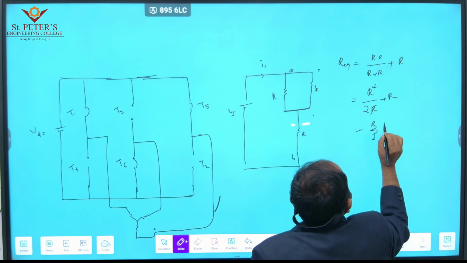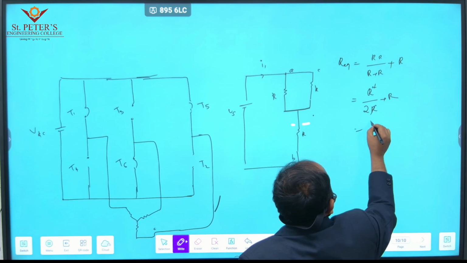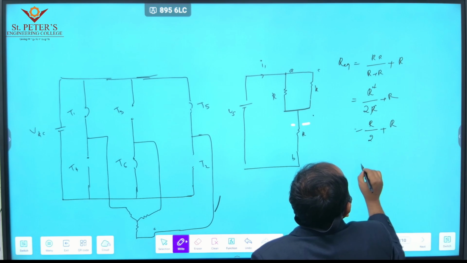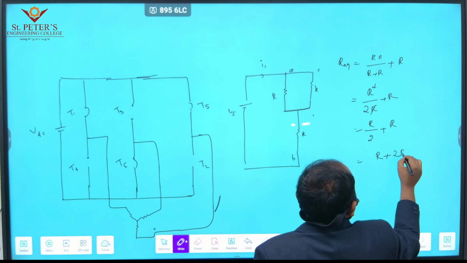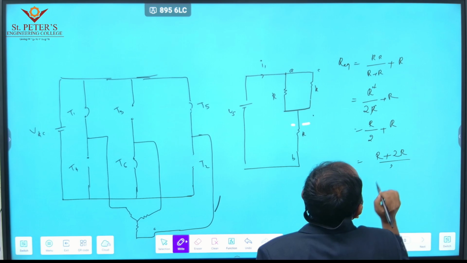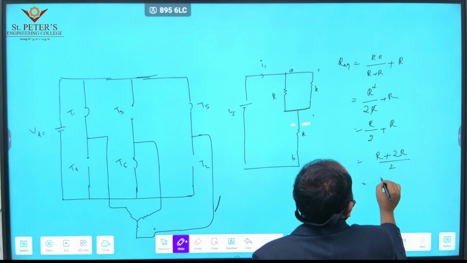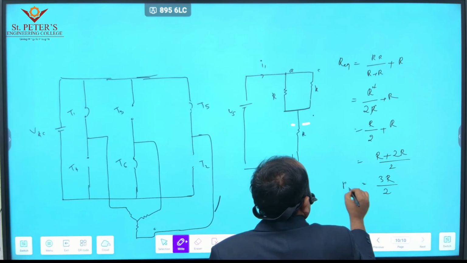R by 2 plus R. Then we can get R plus 2R divided by 2. So the total resistance is 3R divided by 2. This is R equivalent.